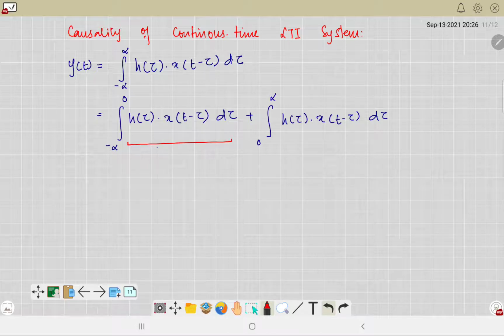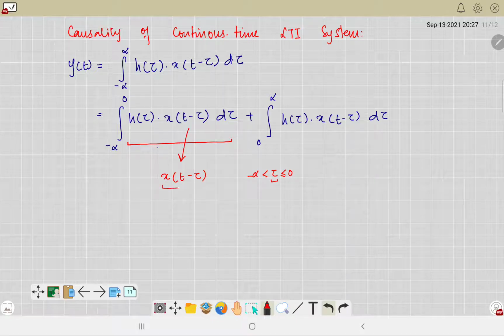Now in this I have the term x of t minus tau, with tau from minus infinity to 0. Fine. So this means tau will have all the negative values.